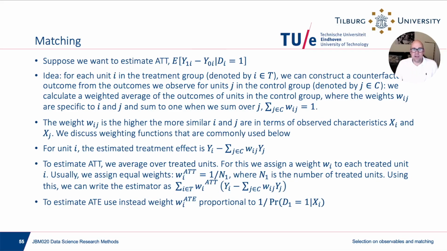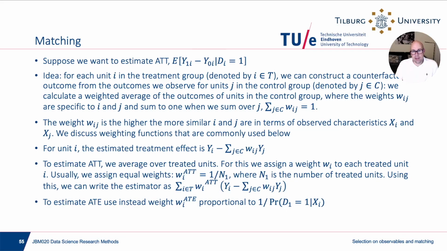Good. So let's now think more about this whole matching idea. Suppose we want to estimate the average treatment effect on the treated. So our object of interest is the expectation of y1i minus y0i given di is equal to 1. What is now that matching idea?